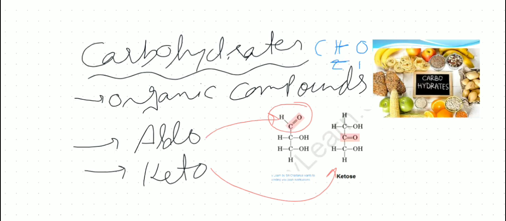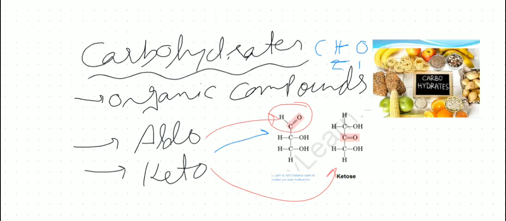These organic compounds are found in two different types, either in aldo form or in keto form. In aldehyde or aldo form, there is C double bond O and H, and in keto form only C double bond O.